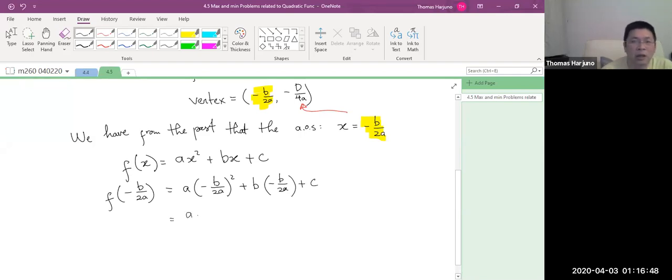That's a times b squared over 4a squared, minus b squared over 2a, plus c. Now I multiply that a in and cancel one of the a's in the denominator, I get b squared over 4a minus b squared over 2a plus c.